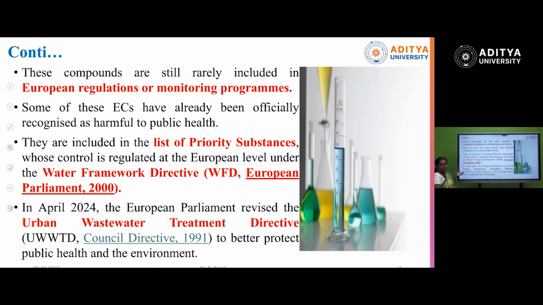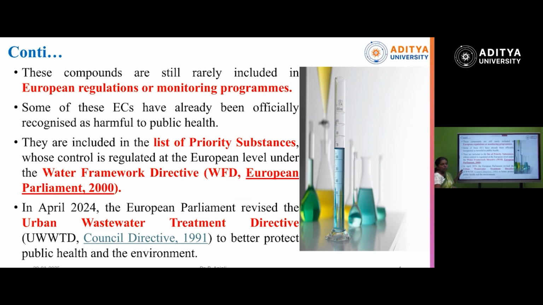There are n number of emerging pollutants, but where it is regulated, few components are included in the European regulation for monitoring programs, and they listed the priority substances. What is a priority substance? I said n number of pollutants are there, right?